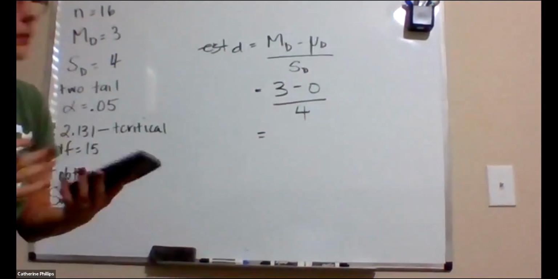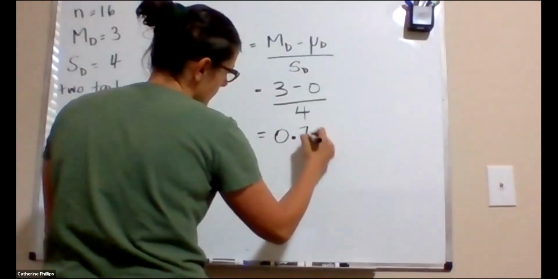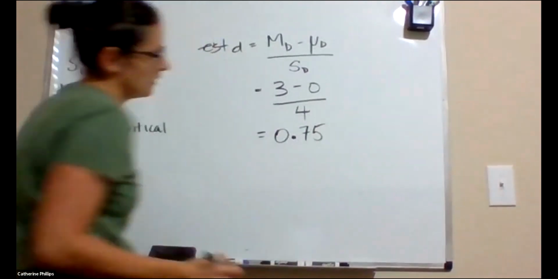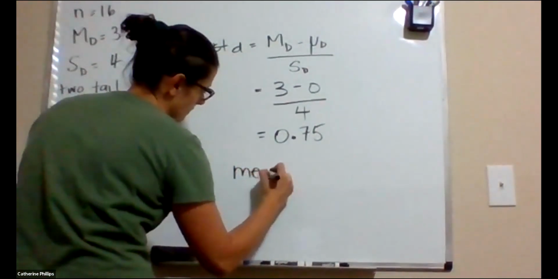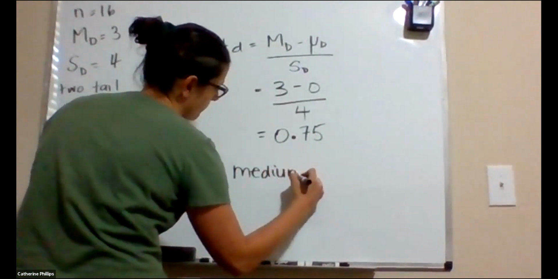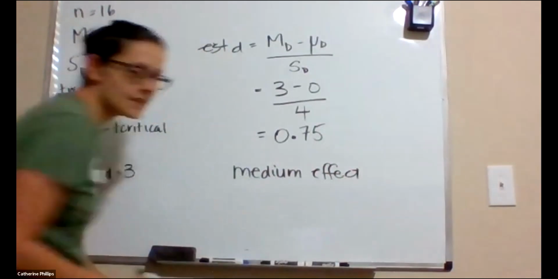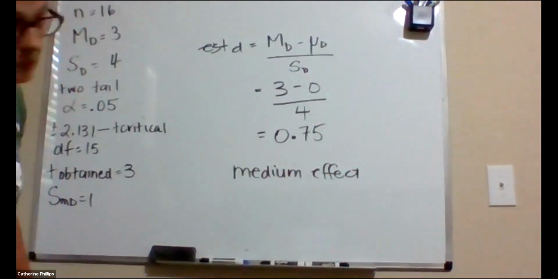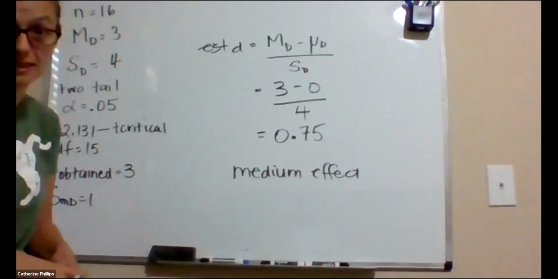And so 3 divided by 4 is 0.75. That is a medium effect. It's not a large effect because a large effect is 0.8 and 0.75 is smaller than 0.8.